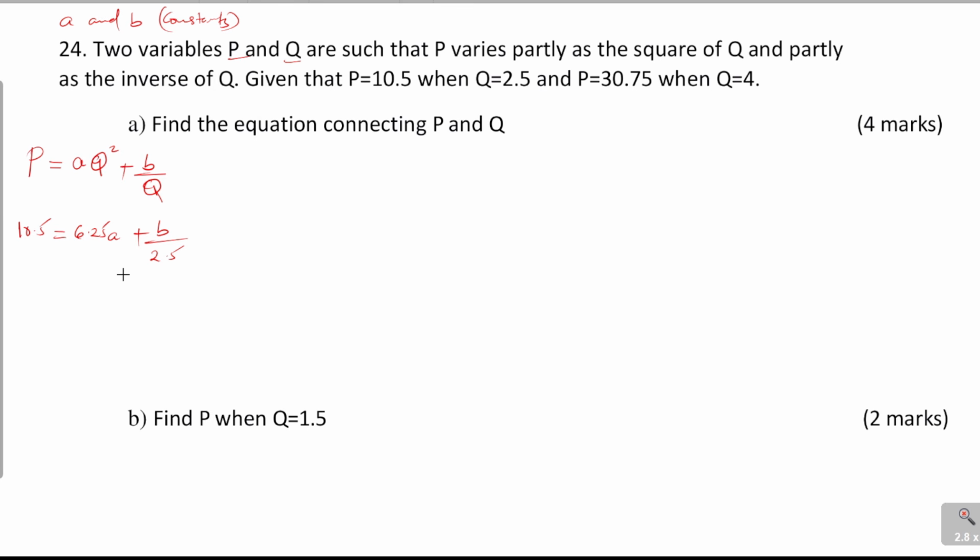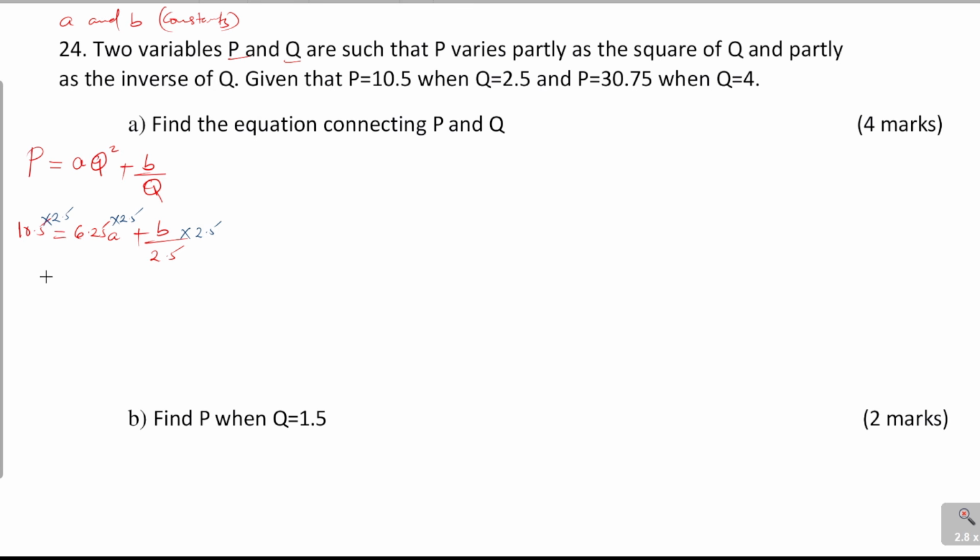So that is the first equation. So to simplify this equation, I will get rid of this denominator by simply multiplying each term by 2.5. Each term by 2.5. And this is what I'll get.